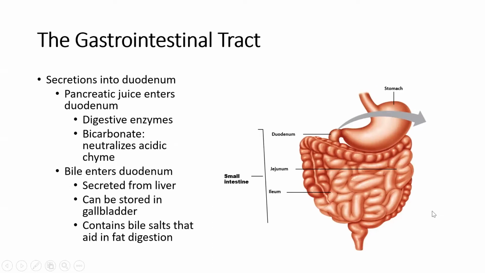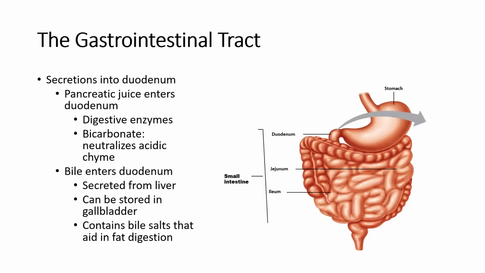There's also the input that's coming in from pancreatic juices. So there are pancreatic juices that are entering the duodenum. We'll talk about the structures that are used to secrete these juices into the intestines. But the function of these juices is to help with that digestion as well. There are digestive enzymes that are being released here.